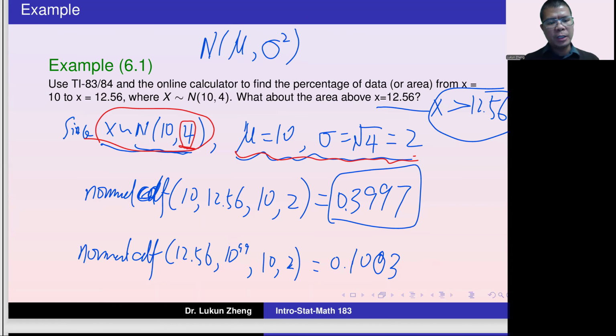Then use normal CDF on the calculator, between 10 and 12.52: lower, upper, mean, sigma. For greater than, use 10 to the power 99 as the upper bound. Plug in and you get 0.1003.